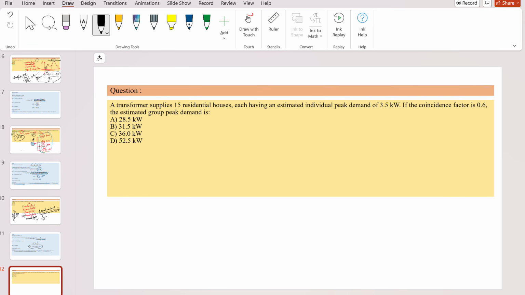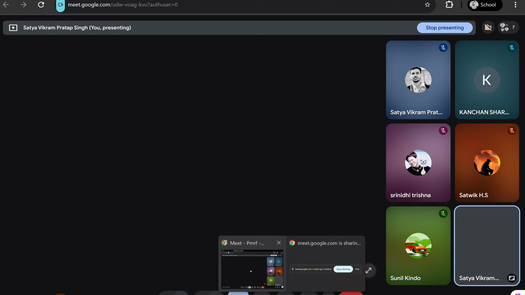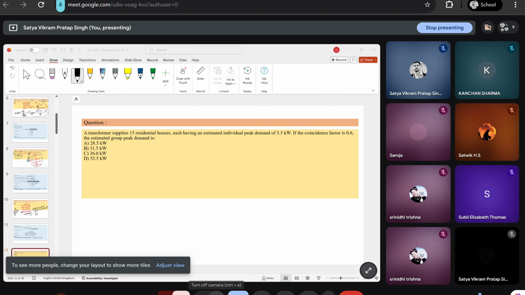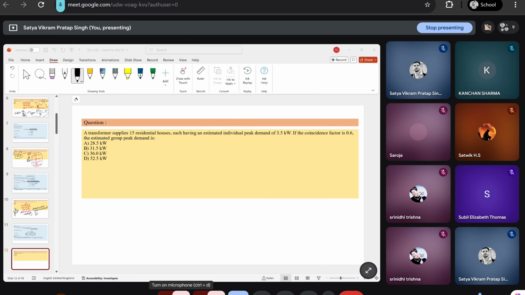And this is one of the questions here. If you already have the coincidence factor, how should you calculate the estimated group peak demand? Try to solve this problem. This is an important problem. Try to solve this.